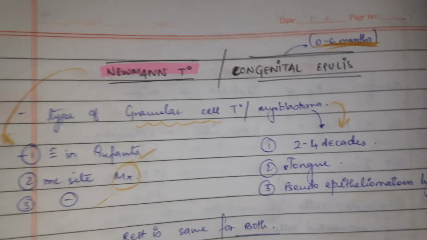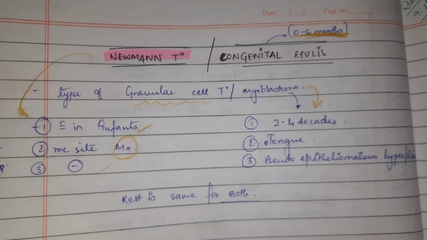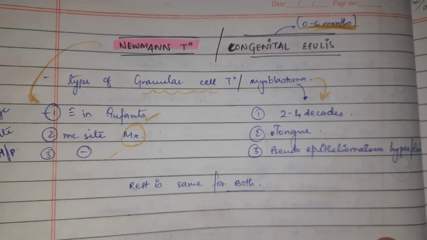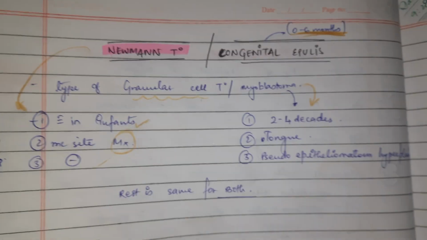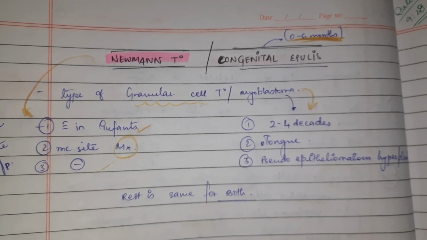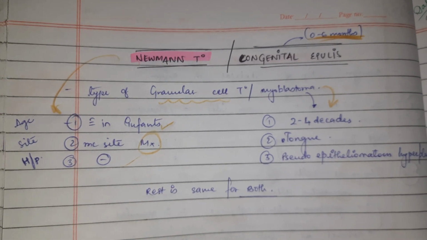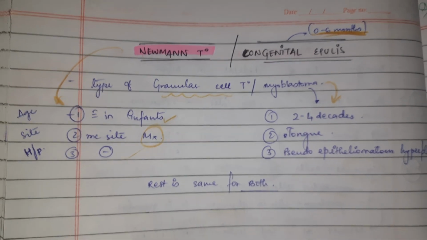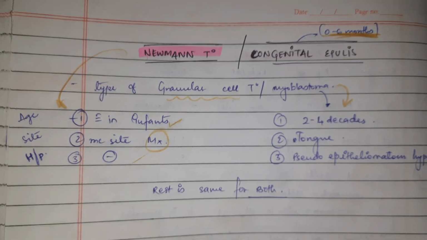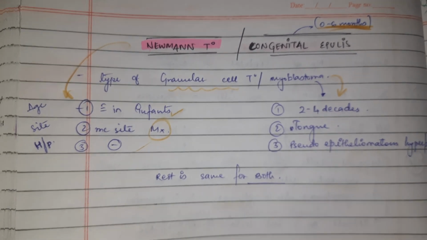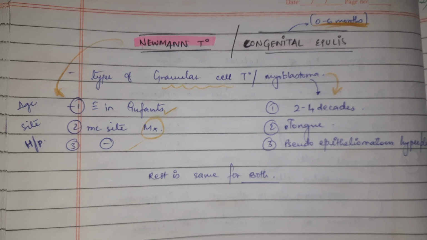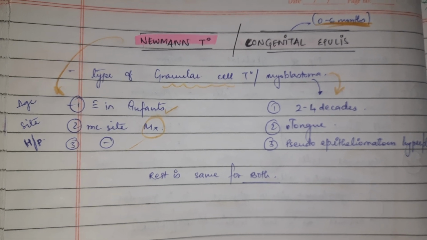Then Neumann tumor or congenital epithelioid, seen in 0 to 6 months, in infants or newborns. It is a type of granular cell tumor or myoblastoma seen in infants, and the most common site is the maxilla.